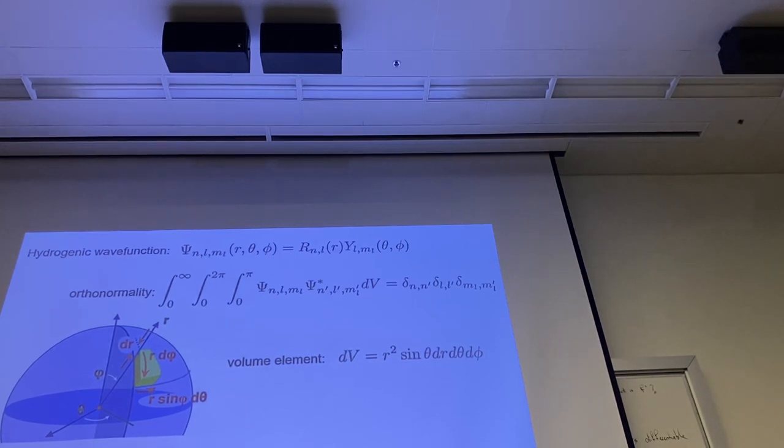And you may recognize that this thing here is just the normalization condition for the spherical harmonics. If you integrate the spherical harmonics over all angular coordinates with itself, then you get 1, because it's a normalized function. Therefore, what I'm getting is this.